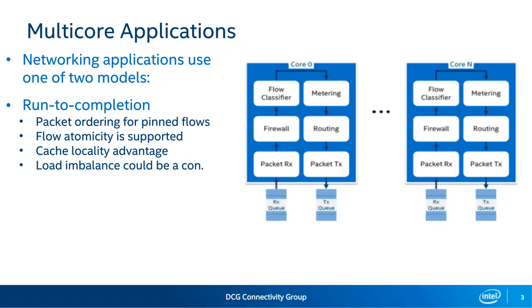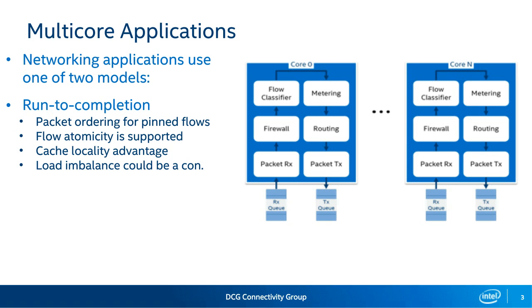Now you have the second packet in the same core's queue, so you need to put the third packet into the same core, right? So pretty soon you realize you have multiple cores, but your flow gets pinned into one particular core, and you're not able to move that away from the core for a while. As a result, load imbalance across cores is often seen. That's a big problem.